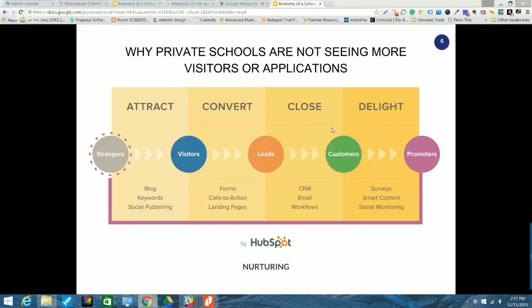All right, so the next thing is, as we think about nurturing. There it is. So the other thing is they assume a prospect is ready to enroll in your school when they are researching. It kind of goes back to the buyer's journey a little bit, but the reality is people out there are strangers and they don't know who you are.